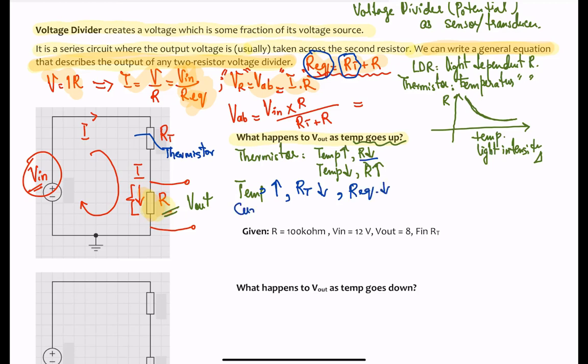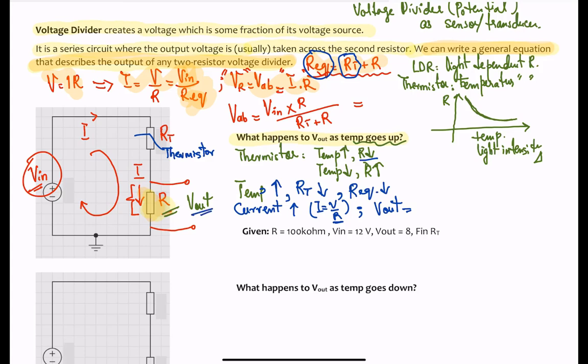What happens to current? When the resistance is smaller, the current is going to be higher, right? There's an inverse relationship. Remember, I equals V over R. If this number is smaller, then current is going to be high. And similarly, what would happen to V out over here?